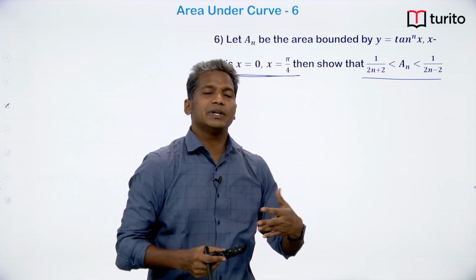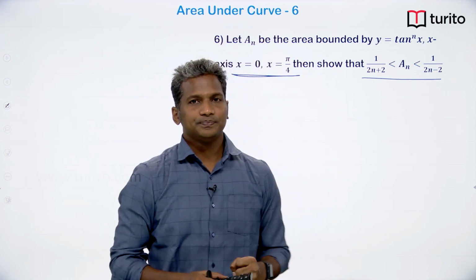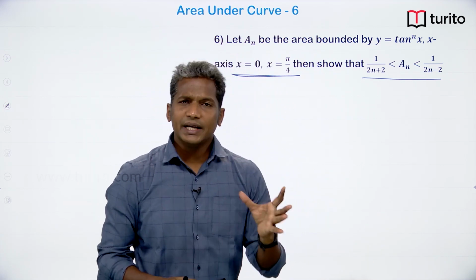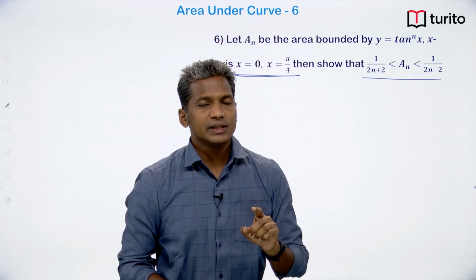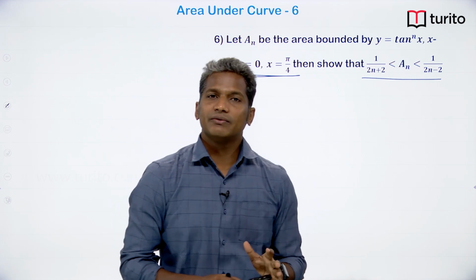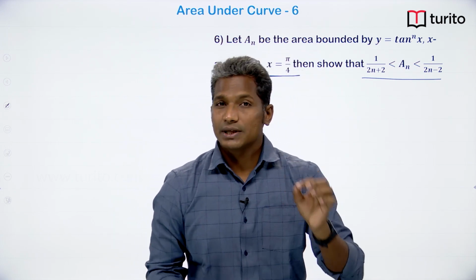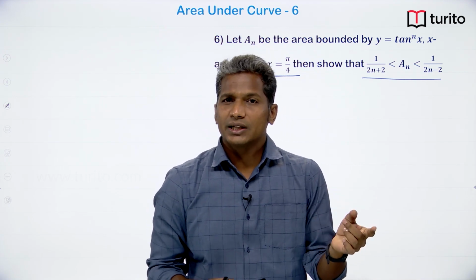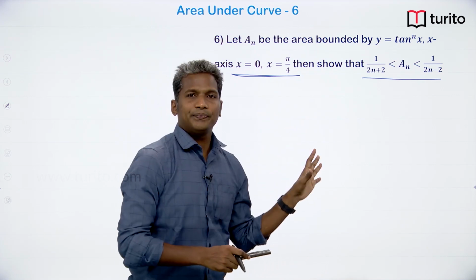So what we will do is we will try to sandwich the integral between two functions. Okay, this idea of sandwiching a function or sandwiching an integral, I have discussed in definite integration, where I discussed the idea of the limit of a sum or using integration to find limits, and a similar idea I will use here.